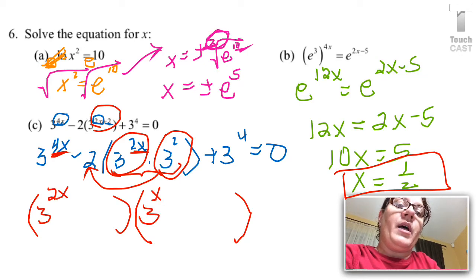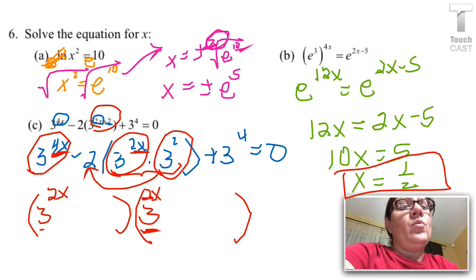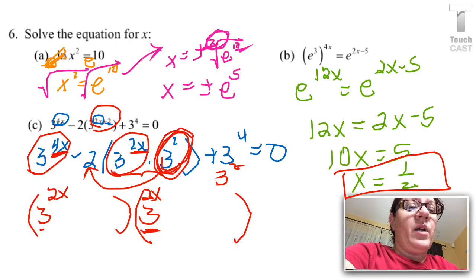Now, I want you to think what happens when you multiply these 2 back together. It does give you this first term. Okay, now, this last term, ooh, I could rewrite that. Since I noticed this one has a 3 squared, I go, oh yeah, there's a couple of 3 squareds in this one.